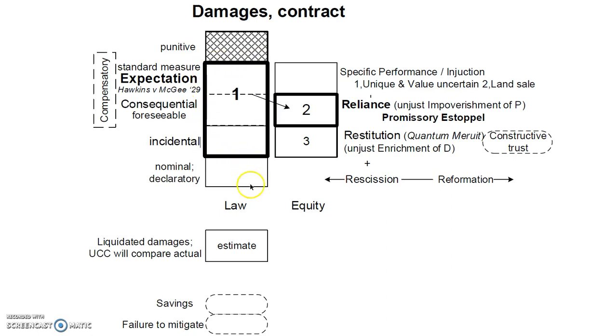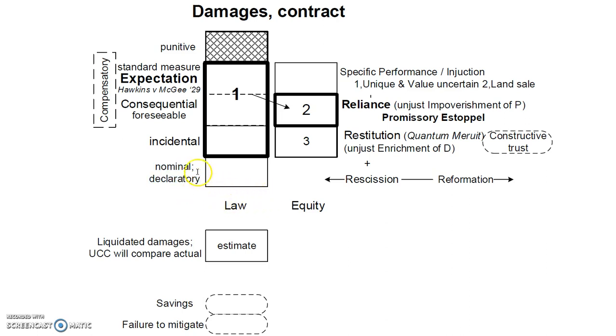So at law, the court will look to provide, if appropriate, first of all, expectation damages, secondly, consequential damages, and thirdly and lesserly, incidental damages. That is the block shown here with the number 1. Now, other types of damages available at law are nominal or declaratory damages, perhaps a recovery for $1.